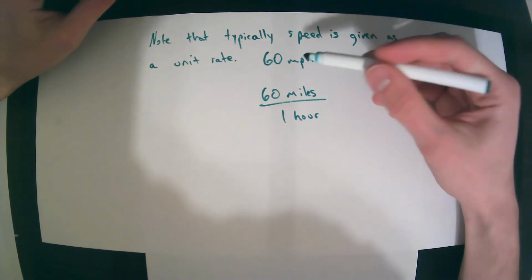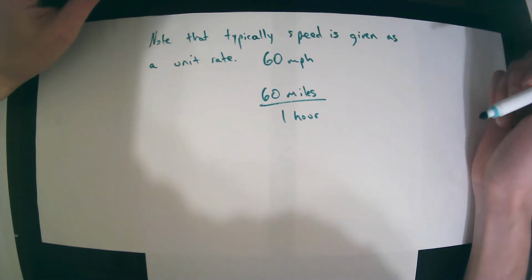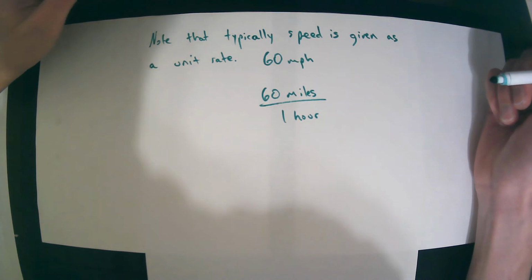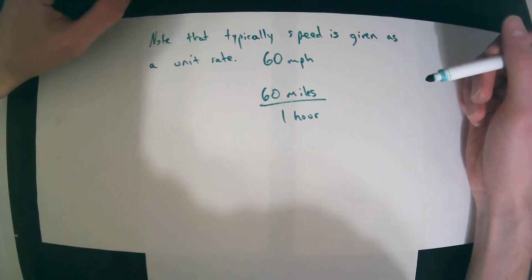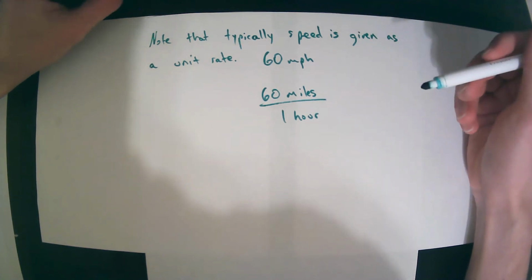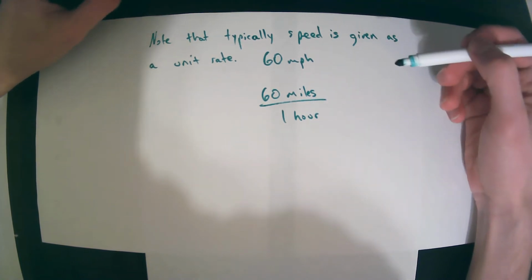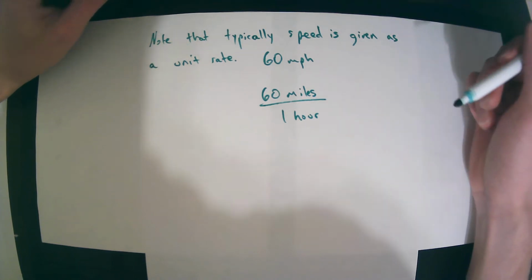But in general, a lowercase m by itself typically stands for meters, not miles. And if you want to be really technically correct and make sure everyone knows what you're talking about, you should abbreviate miles as mi.